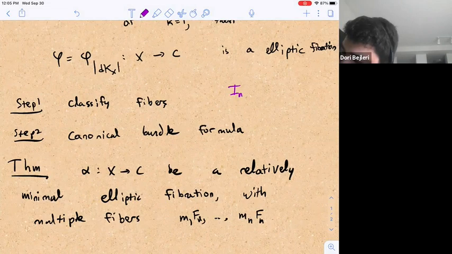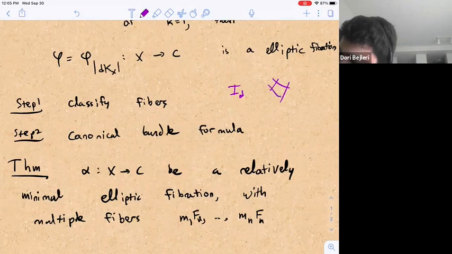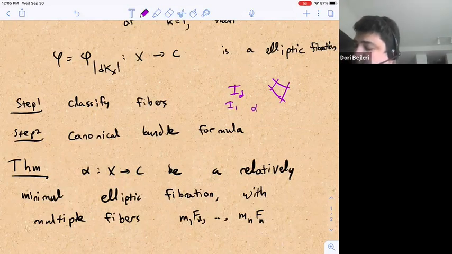I_N fiber. Let me use a different letter. I_D fiber, which is some loop of P1s, or maybe an I0 or an I1, which is a single nodal elliptic curve or a smooth elliptic curve, and then multiply them by some numbers. So take a multiple.